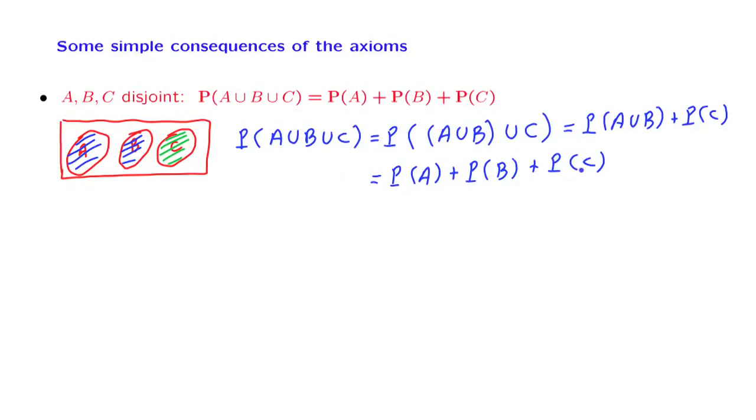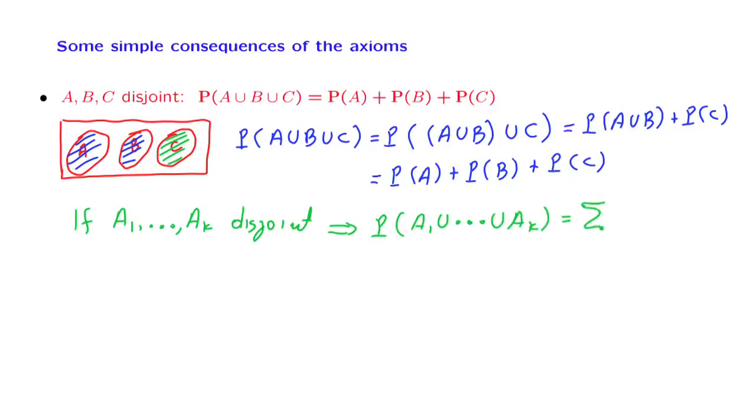You should be able to follow this line of proof to write an argument for the case of 4 events and so on, and you might want to continue by induction, and eventually you should be able to prove that if the sets A1 up to AK are disjoint, then the probability of the union of those sets is going to be equal to the sum of their individual probabilities.